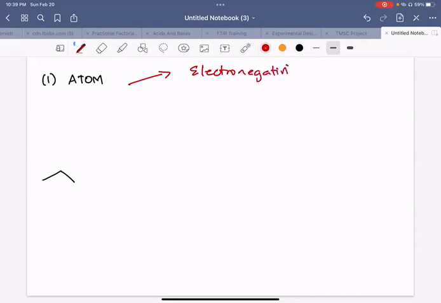Let's talk about electronegativity first. Suppose we have two kinds of compounds. You were asked by your professors, which one is the more acidic compound? Is it butane or butanol?